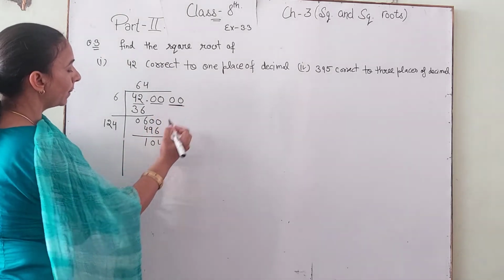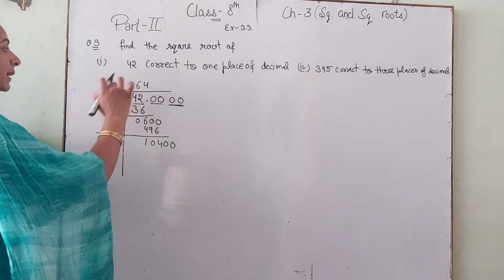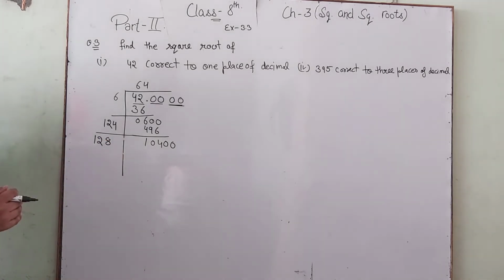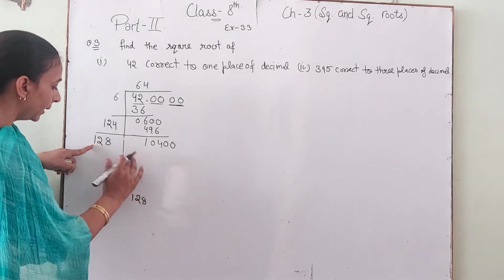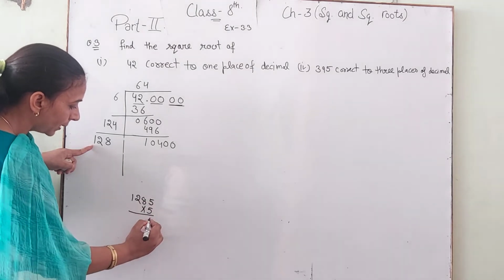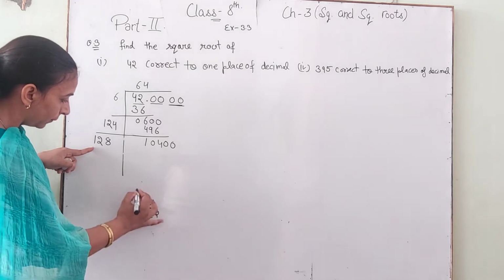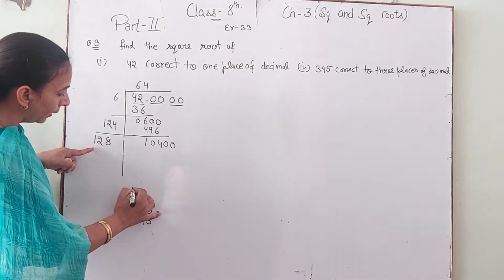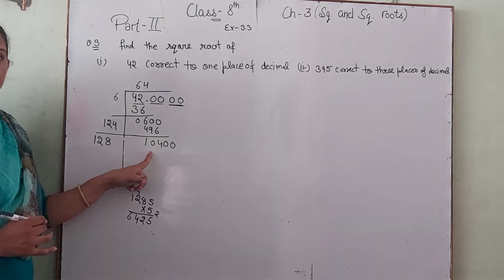Next we take the next pair of zeros. Now double of 64 is 128. Next we check 128 with a digit. First we check in the middle with 5: 5 5s are 25, 5 8s are 40, and so on, 6425, but this is greater than 10,000.